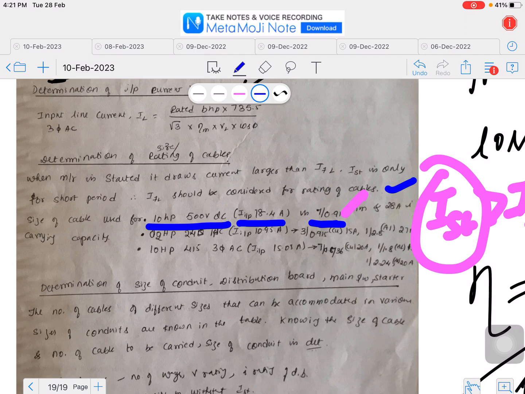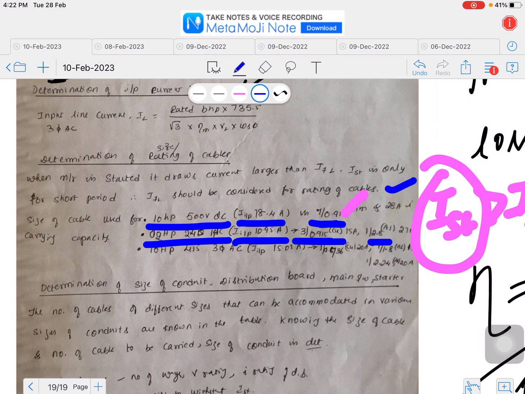If it is a 2 HP 240 volts AC single phase motor, then the input current will be around 10.95. The cable size is copper 3 bar 0.915, and if it is aluminum it is 1 bar 2.8.